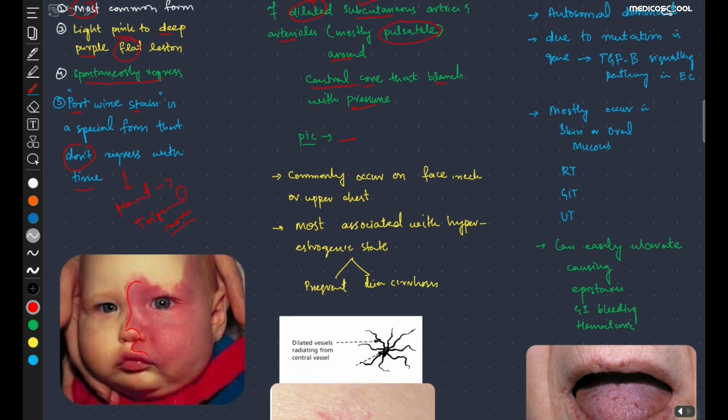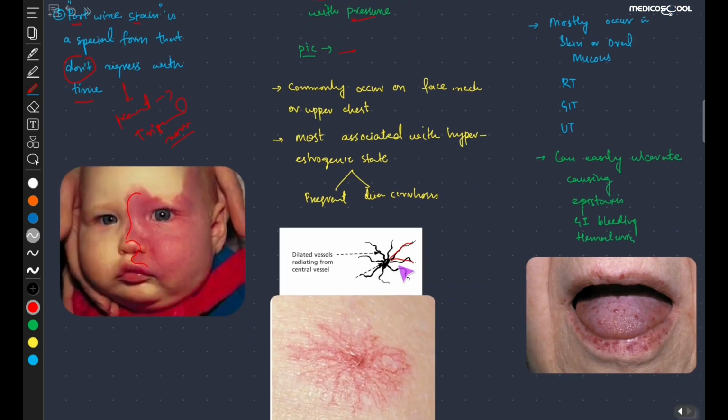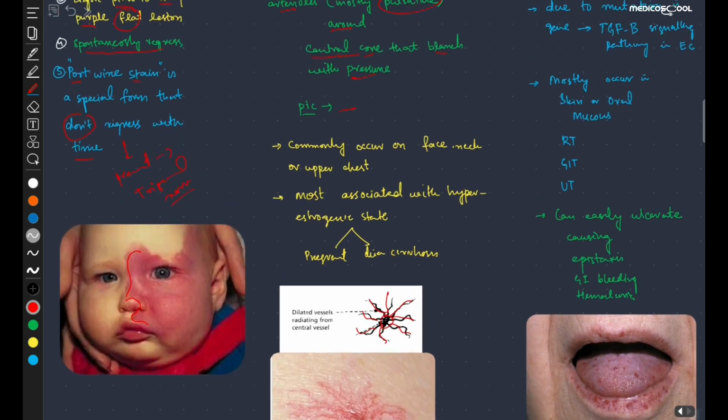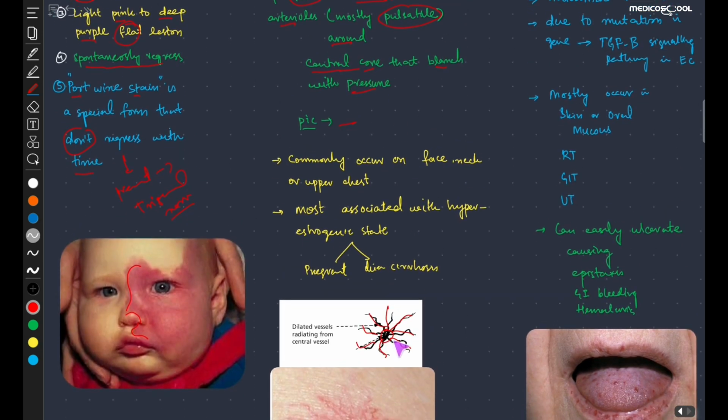As you can see in this picture, these are the radial rays of subcutaneous arteries and arterioles around a central core that blanches with pressure.